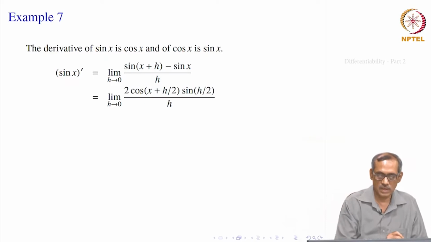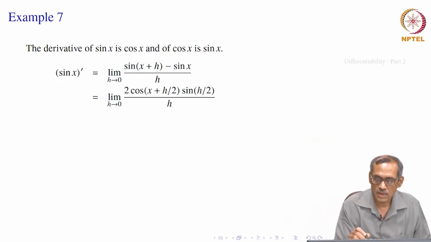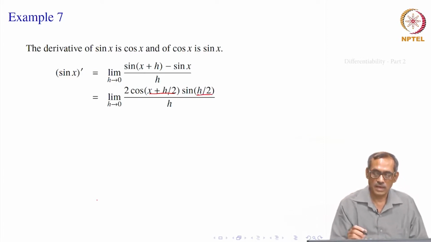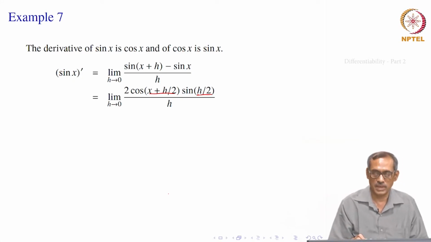Now, we can really use the sin a minus sin b formula, for sin of x plus h minus sin x. So, it gives you sin a minus sin b equal to 2 cosine of a plus b by 2 times sin of a minus b by 2.